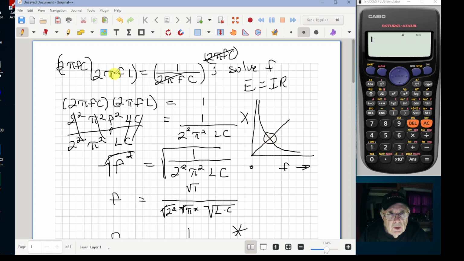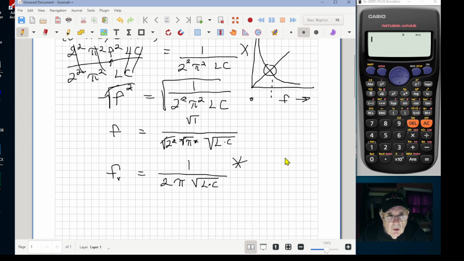So all we did was make the two separate equations for inductive and capacitive reactance equal to each other, because they're equal at this point, and that will tell us what that frequency is. That, of course, is where our formula for resonant frequency comes from.